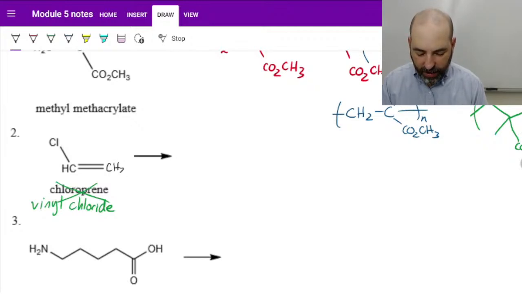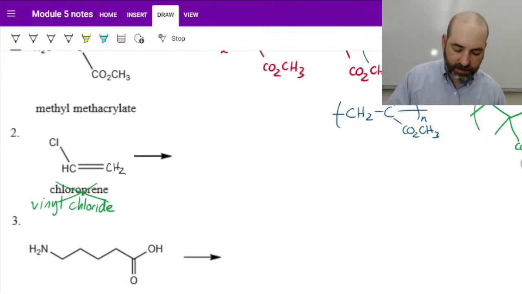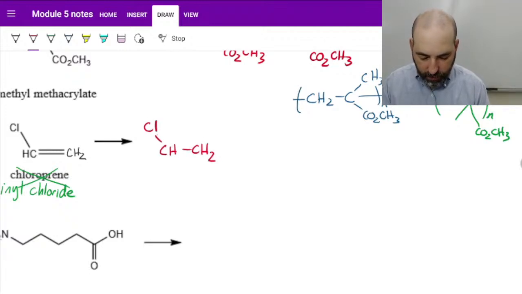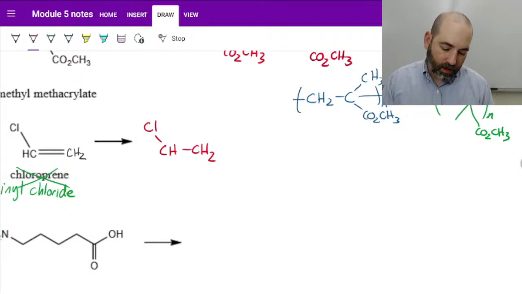I'm going to add the CH2 here just to make it clear and so we have some consistency. We're going to do this in the same way. So once again, we rewrite the structure, and then we connect it multiple times without the double bond. So CH, Cl.